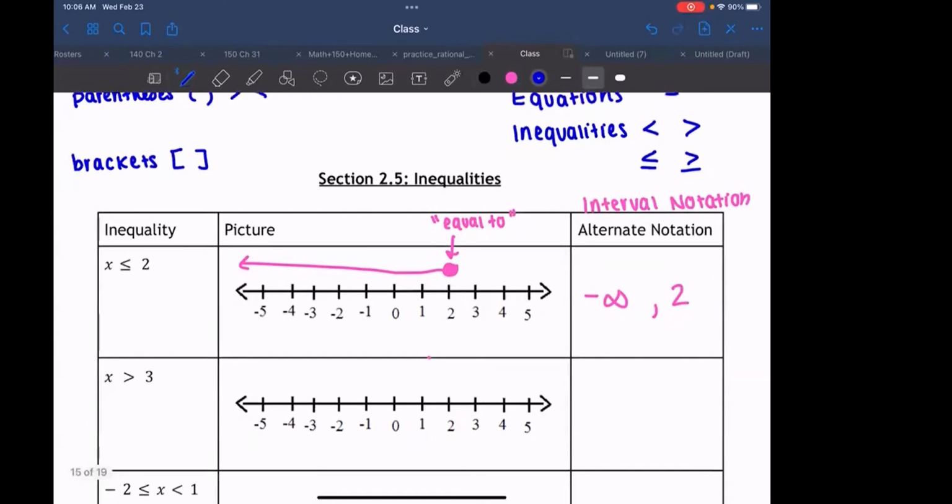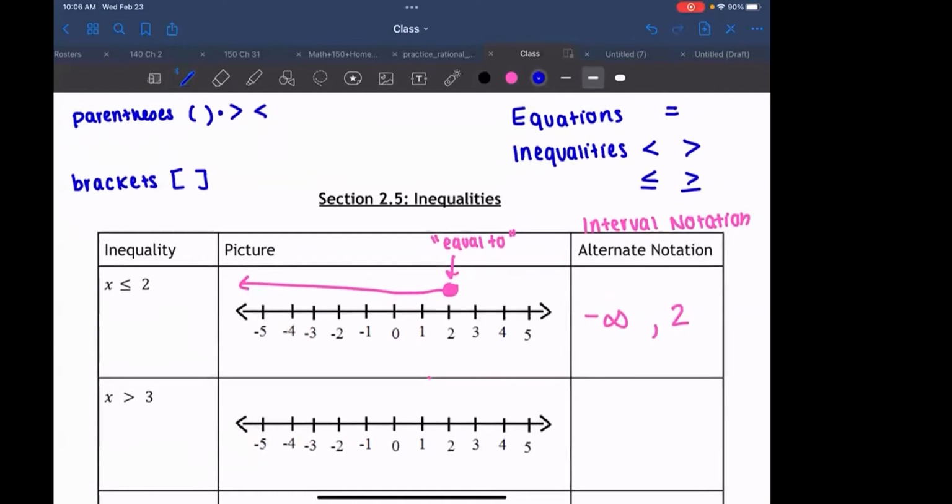Also, parentheses are used when a number is not included. So how do you know when we use parentheses versus brackets? Parentheses are when we have greater than, less than, but not the equal to signs. Or you can think of it as the number isn't included in the answer.